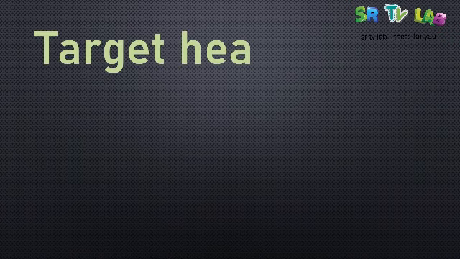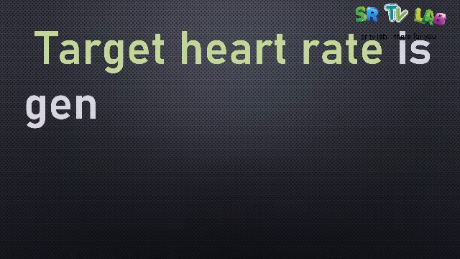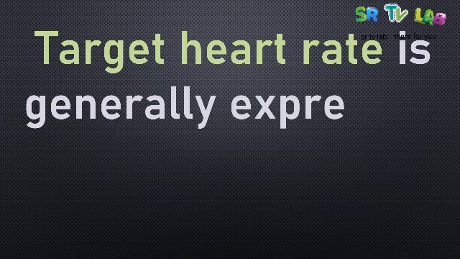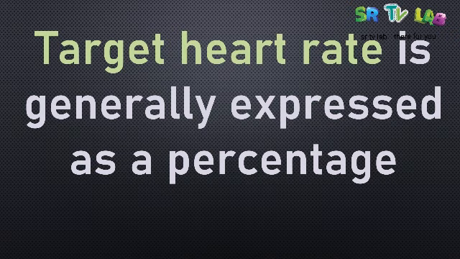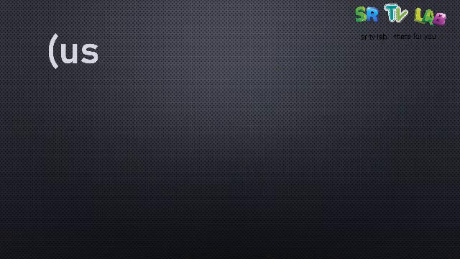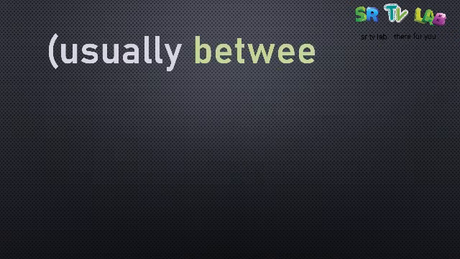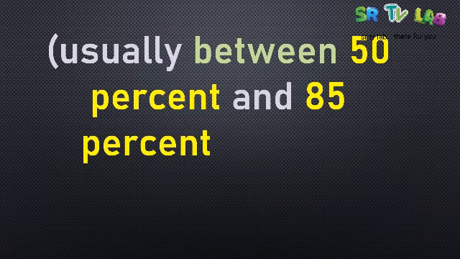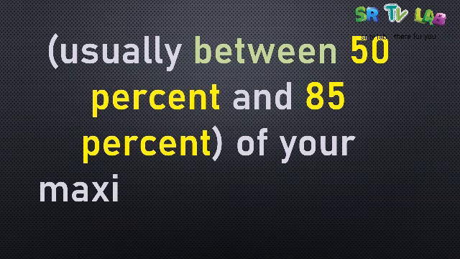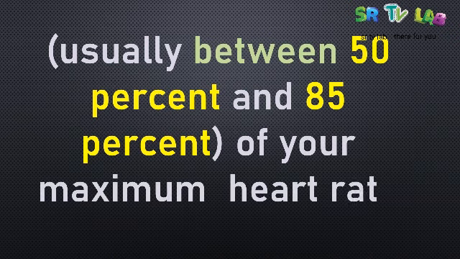And this target heart rate is generally expressed as a percentage, and it's usually between 50% and 85% of your maximum heart rate. You remember how to calculate the maximum heart rate: 220 minus the age, and there is always a range.